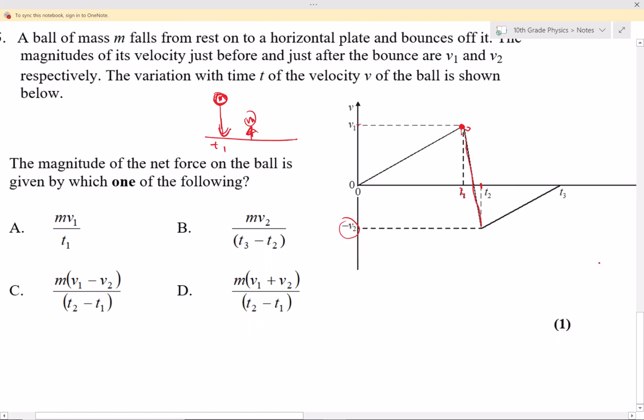Well, each of these had momentum before and after, so you might say, okay, momentum, which is p, equals mass times velocity, right?